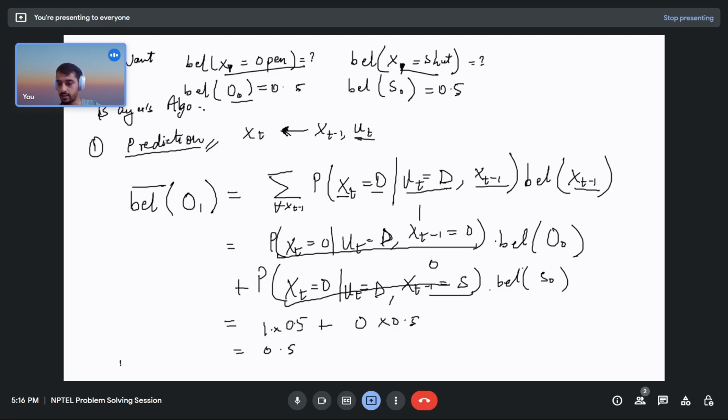Similarly, for the shut case, we take shut rather than O in this formula, and we also get 0.5.